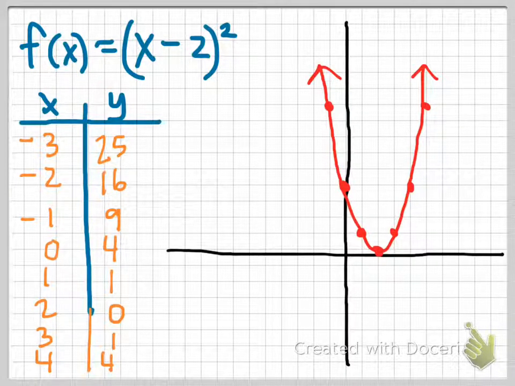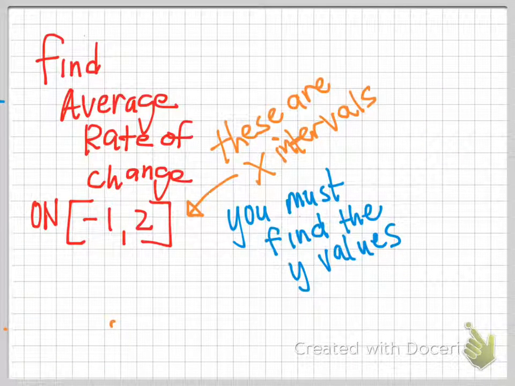All right, so when you do average rate of change, the problem always will give you x values. So it will be like this. Find the average rate of change on -1 to 2. These guys, -1 until 2, are x values. It's an interval from -1 to 2.